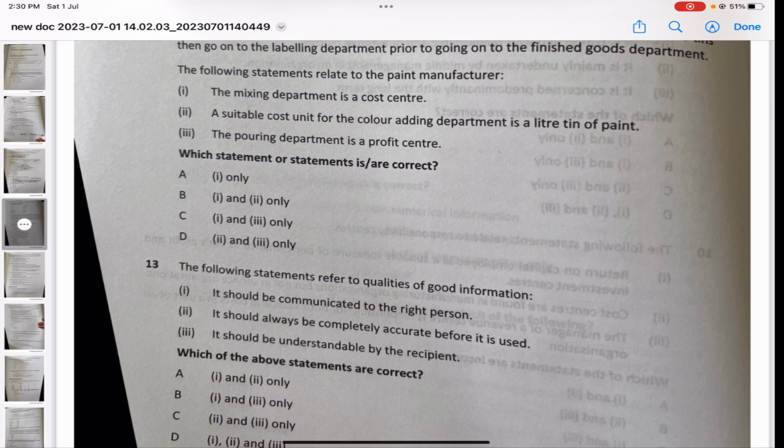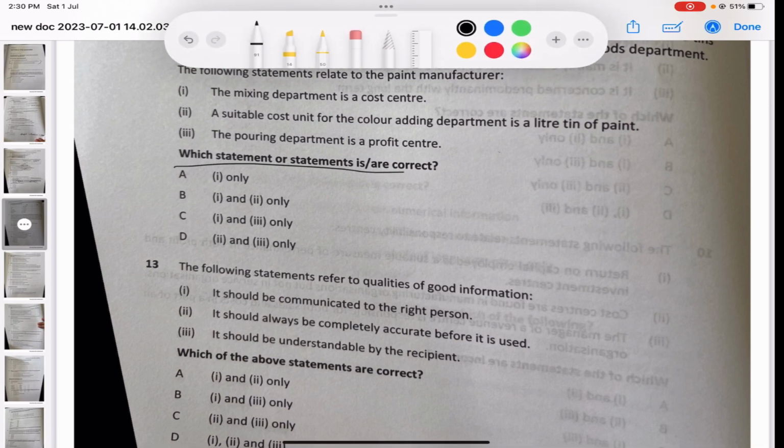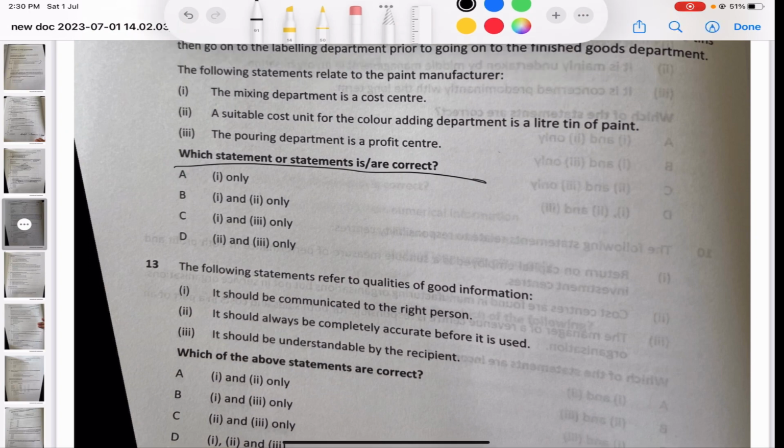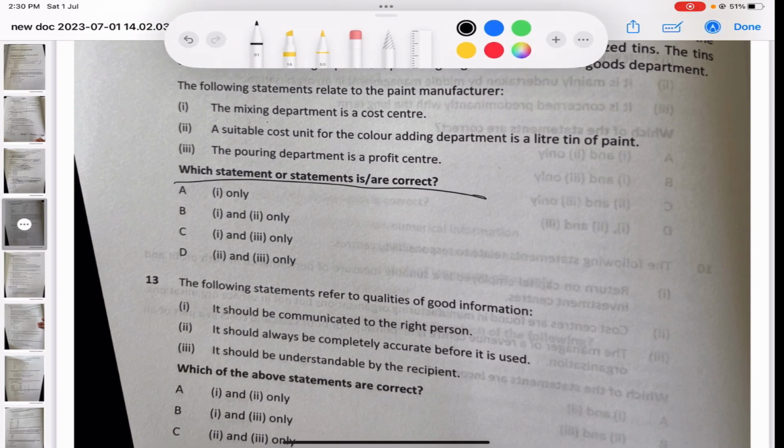Mixing department is a cost center. Which statement is correct? Okay, the mixing department is a cost center. Obviously, you can measure cost using one department. A suitable cost unit for the color adding department is a liter tin of paint. That's not true. Why is it not true?